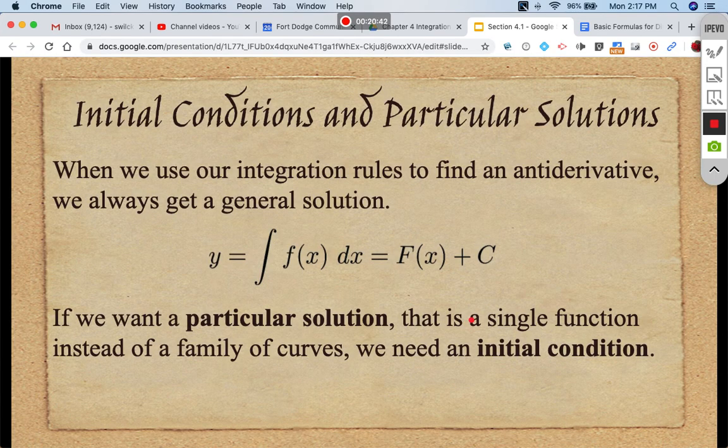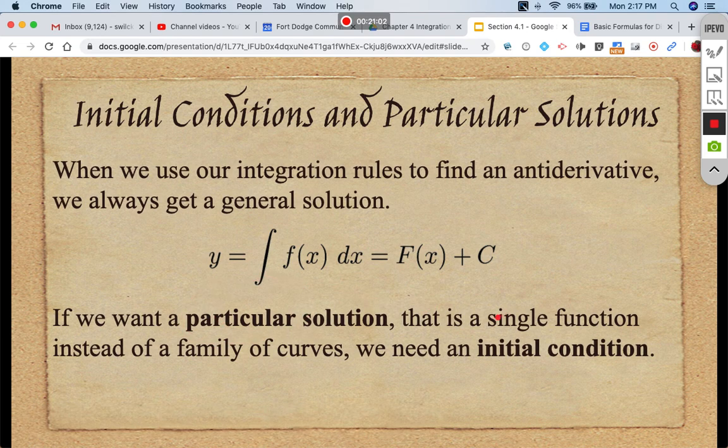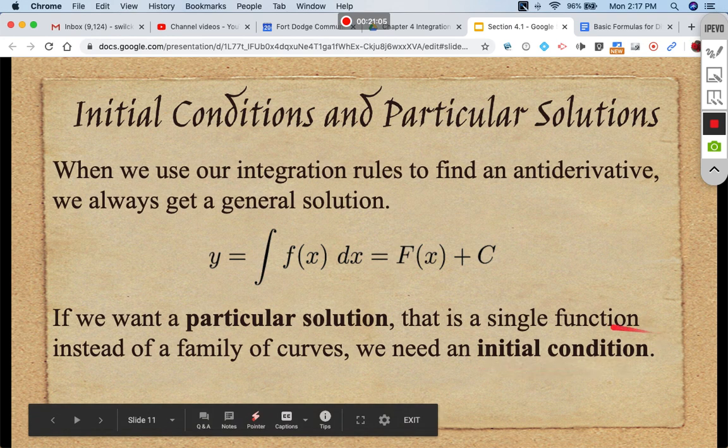So, to wrap this up, this was talking about general solutions. I want particular solutions. So, when we use this integration, we're using it to solve a problem. So we're looking for a specific situation. In order to find that particular solution, just one solution instead of an infinite number, we need an initial condition.